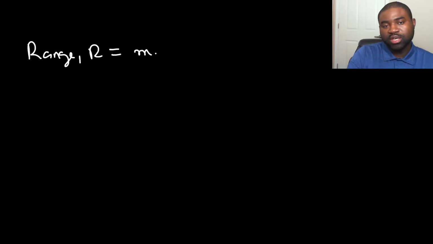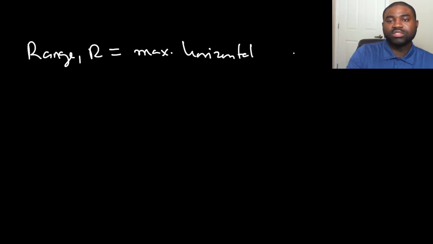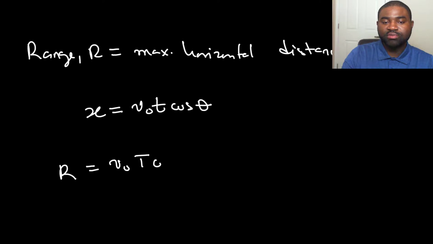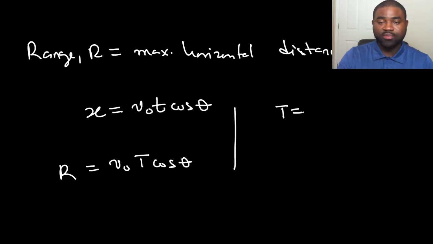The range is a horizontal distance. As a matter of fact, the range is defined as the maximum horizontal distance. Generally, the horizontal distance is given by V naught t cosine theta, but the range R is equal to V naught capital T cosine theta, where capital T represents the total time of flight.